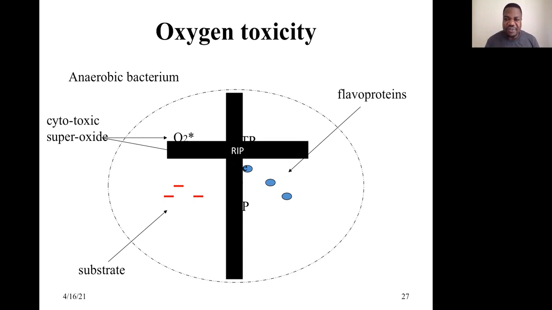It will die. Okay, so that's why anaerobes die in the presence of oxygen, because of the production of a cytotoxic superoxide. And those bacteria, as contrary to aerobic bacteria, the anaerobic bacteria don't have superoxide dismutase enzyme to protect them.